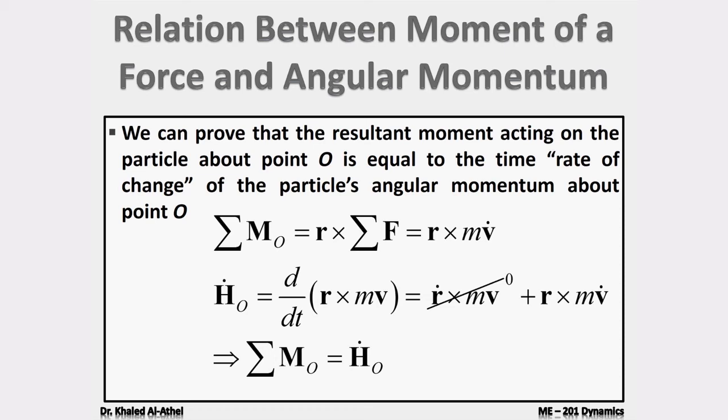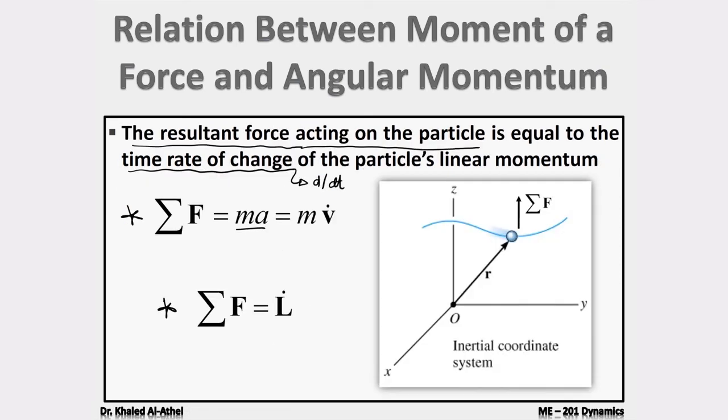We can prove, and we are going to do this now, that the resultant moment, the summation of the moments acting on a particle about point O, is equal to the time rate of change, remember that time rate of change means d/dt, of the particle's angular momentum about point O.